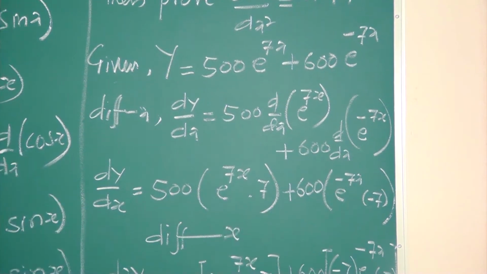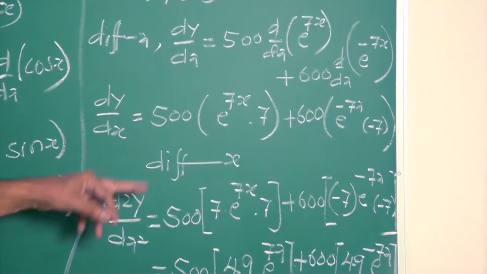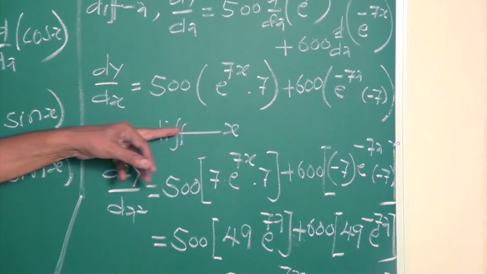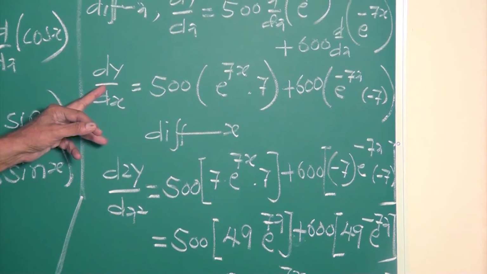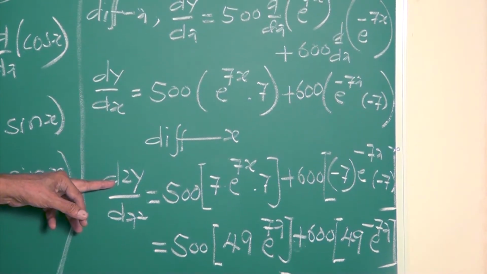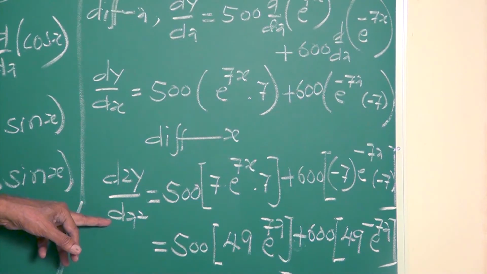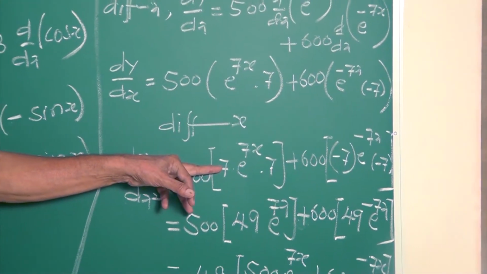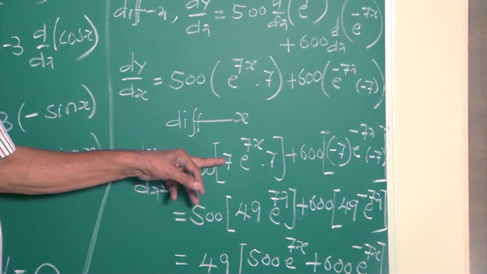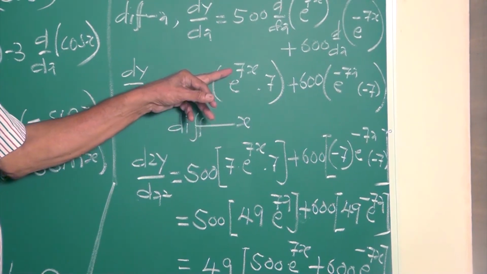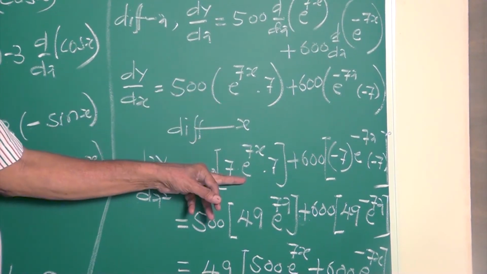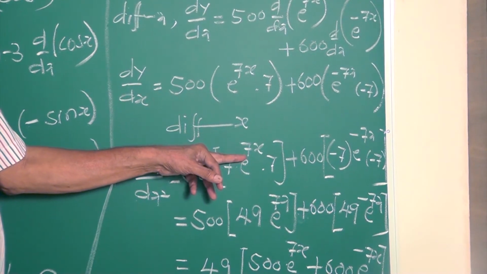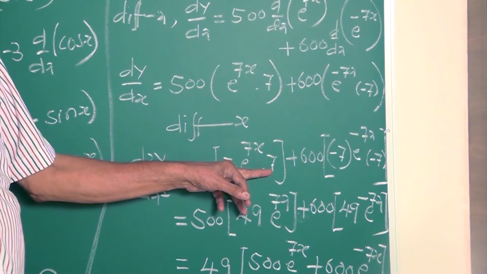Differentiate again with respect to x. I have written directly. Derivative of first derivative is the second derivative, symbol d2y by dx2. 500, this 7 into derivative of e to the power 7x: e to the power 7x as it is into derivative of power, 7.